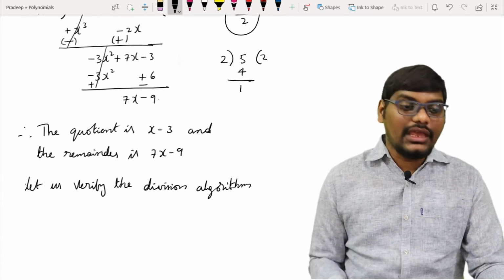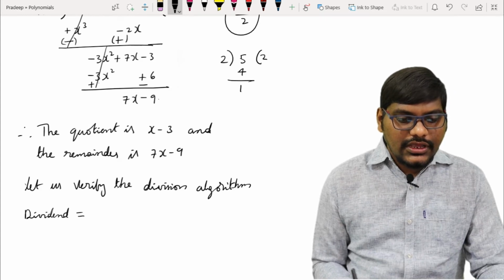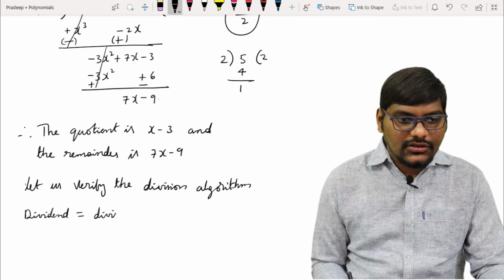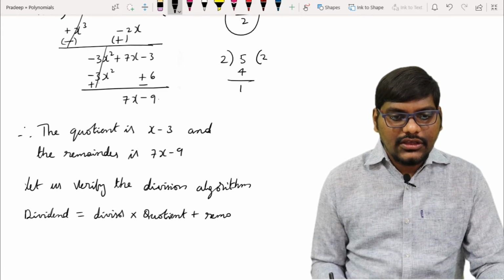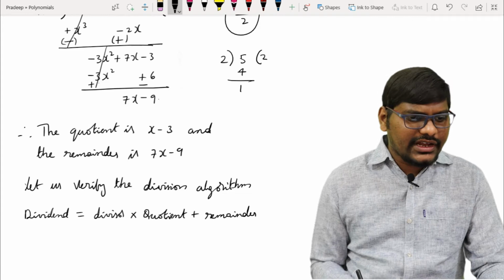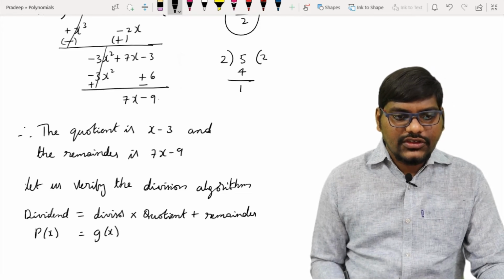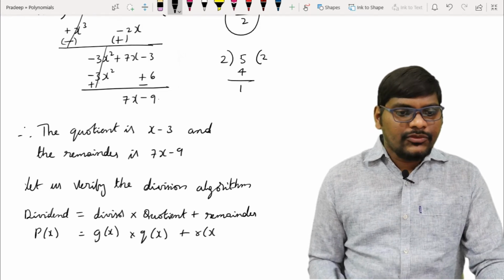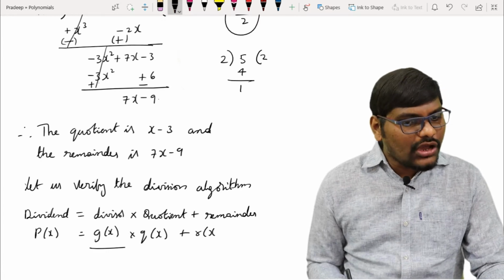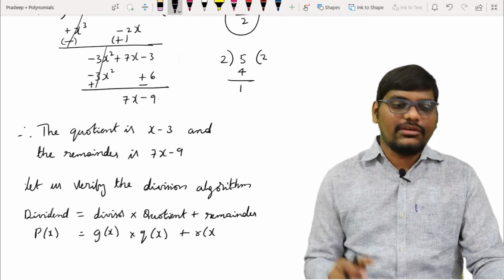I've already told you in the beginning, that is dividend equals divisor into quotient plus remainder. This is the rule, right? We can write this as p of x, this is g of x, this is q of x, plus this is r of x. Because these are multiples, either you can write q of x first, then g of x, or g of x first, then q of x, it doesn't matter.